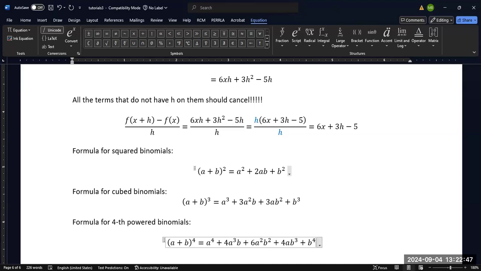These coefficients are binomial coefficients. They're derived from the combination formula, which may or may not be covered in your various classes.